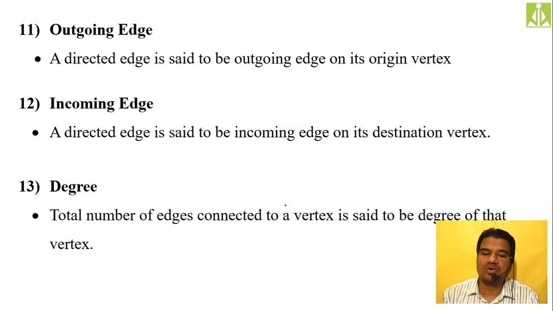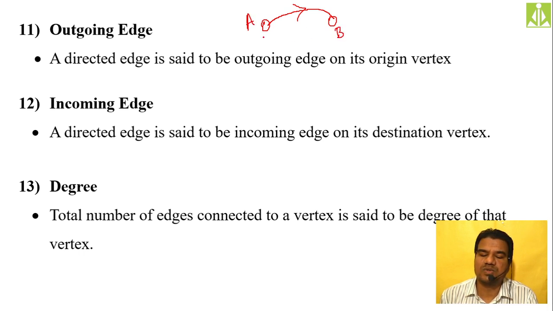Then we have the outgoing edge. If it is a directed graph, the edge coming out from a particular vertex is an outgoing edge for that vertex. Here I have a directed edge from A to B. For A, this edge AB is the outgoing edge, because it is coming out of that vertex.